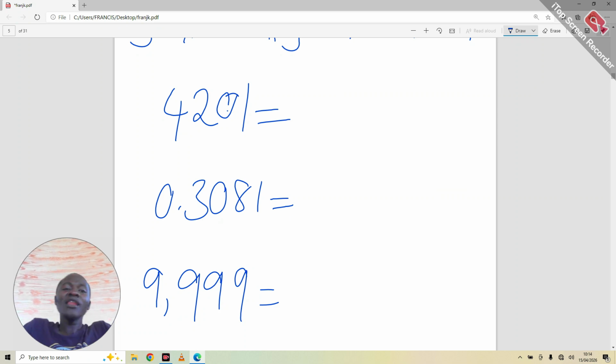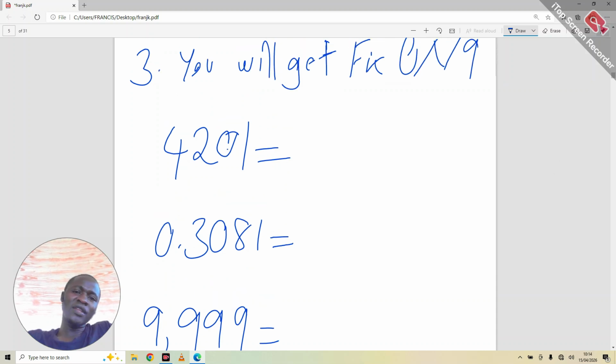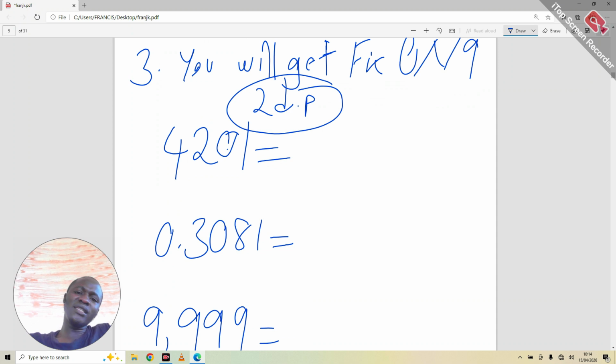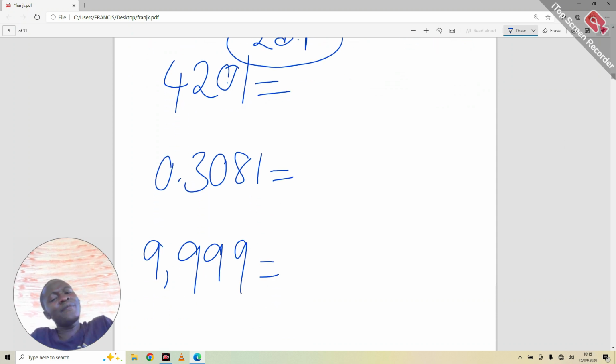Now, having 4201, let's come up with a question this way: Round off the following numbers to 2 decimal places. To 2 decimal places. Now, 4201.